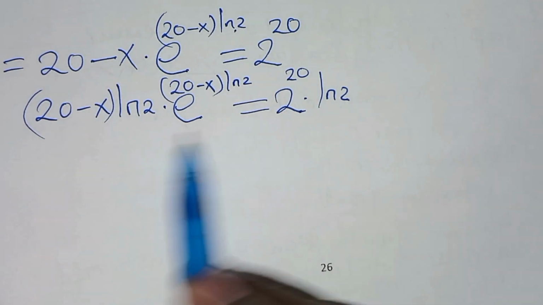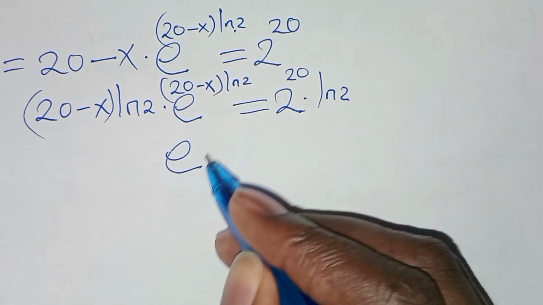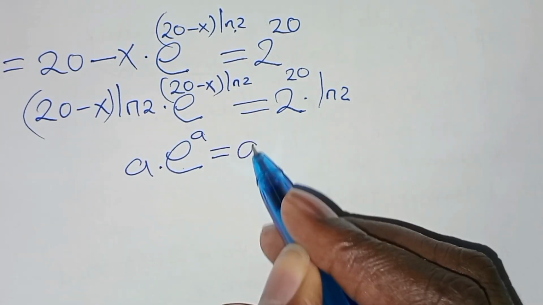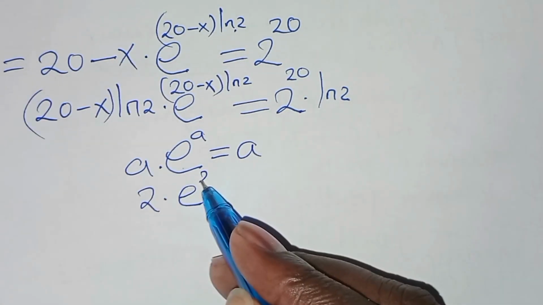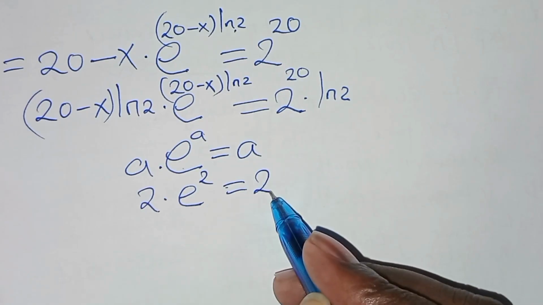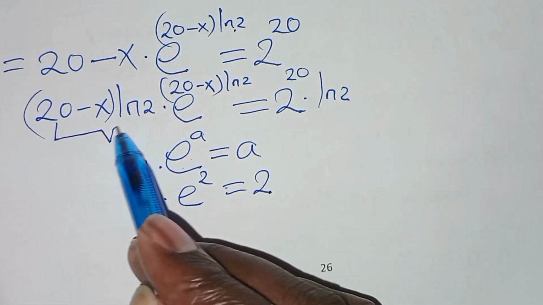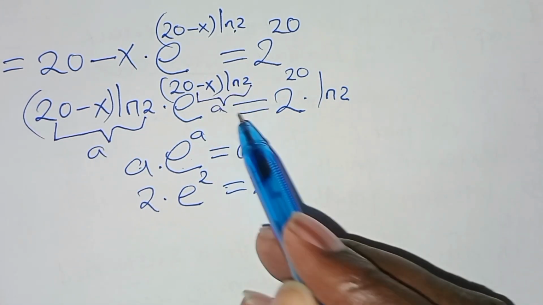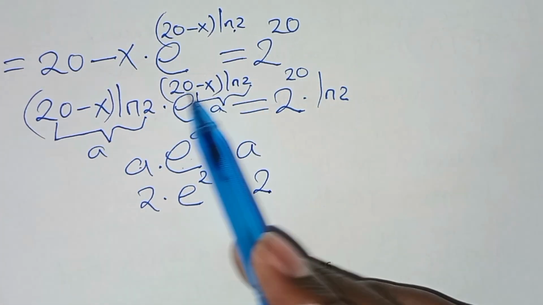Now, if you have a multiplied by e to the power of a, this is the same form as we have here. So you can see that this part here is a, and this is also the same as a. So this part, 20 minus x natural log of 2, is actually the same.